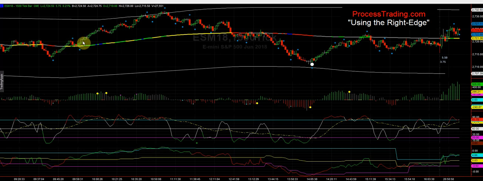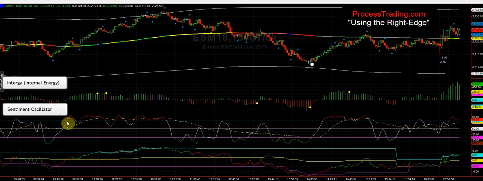And you can see that coming in here, and then this little bit of supply here. So at this point here, we see demand had come in and started to come in way back here. And then we look down at probably one of the most important indicators of the system, which is the sentiment oscillator, which has the momentum line, which really is the impulse energy or the impulse buying, either long or short.